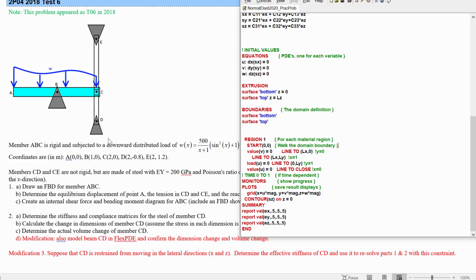So we've got this moving across from 0, 0 to LX0, and along that bottom line, we want to say there's no Y displacement.